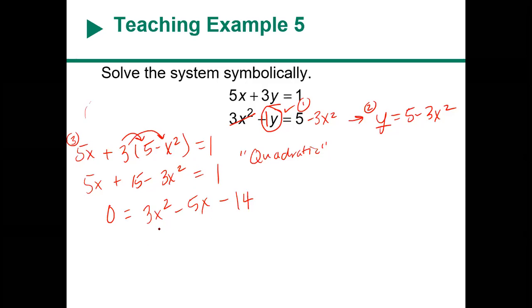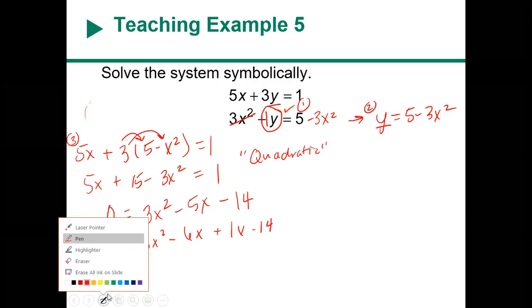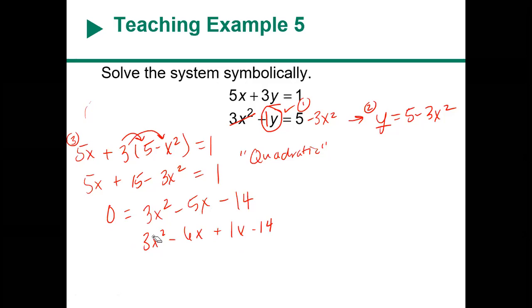So what two numbers multiply to give me negative 12 but add to give me negative 5? Negative 6 and positive 1. So we end up with 3x squared minus 6x plus 1x minus 14. So I can't do grouping. It's not going to come out pretty. So that means I have to do quadratic. Womp, womp, womp.